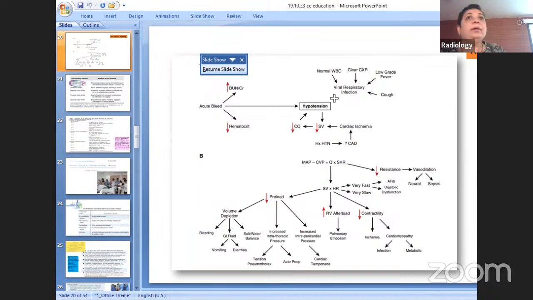Then again, very important, it needs effort on the part of the facilitator or the trainer. Prior to round, you have to prepare, plan, and orient yourself. Then you have to introduce the team to the patient, especially if it is an overnight or new admission.